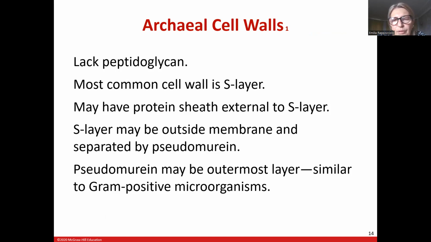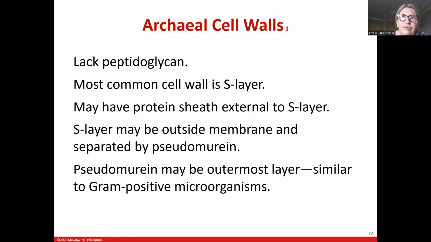Yeah. So the most common type of cell wall is the S layer. There is no sugar, or there is sugar because the S layer could be glycoprotein, but there is no polysaccharide in the structure. You can have polysaccharides attached to the protein. Some of them have protein after this S layer as well.